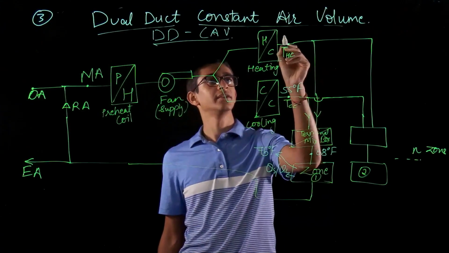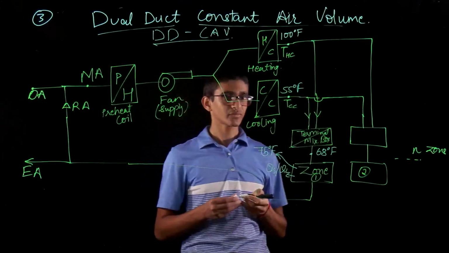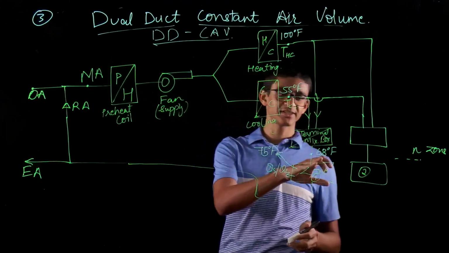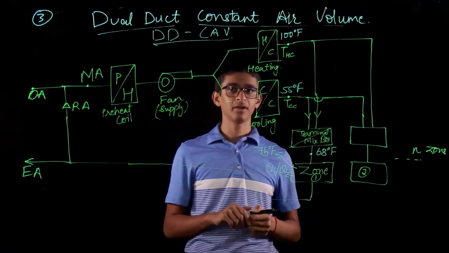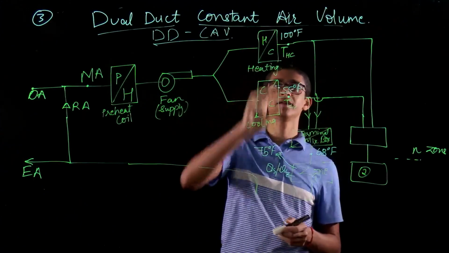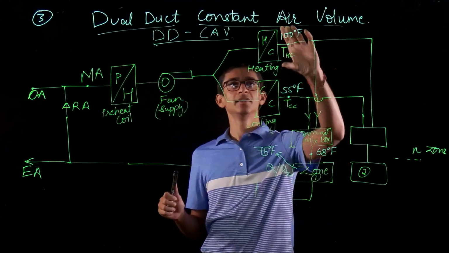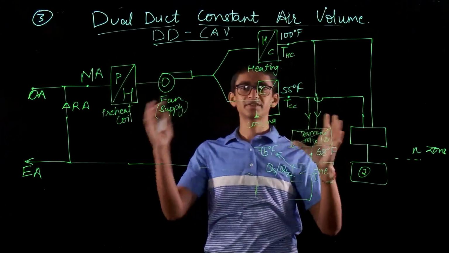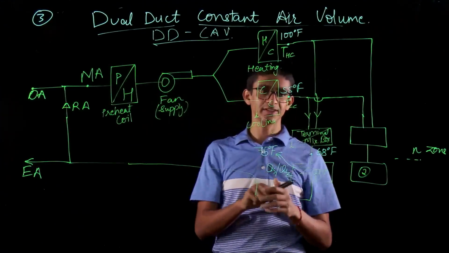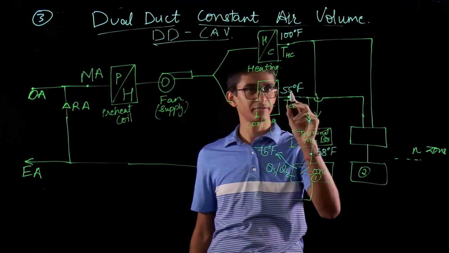The heating coil temperature, let's say, is set at 100 degrees Fahrenheit. So if I want to maintain 68 degrees Fahrenheit, I'll have to mix some cool air and hot air in a ratio. Maybe I'll take more cool air and less hot air, mixing them so the resulting air has the desired temperature.